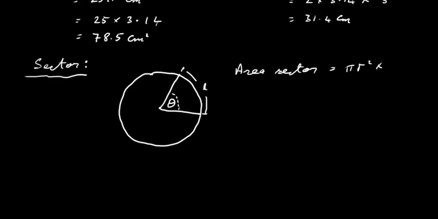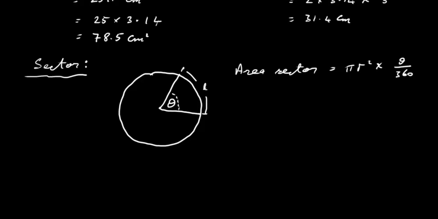Well, it's going to be theta over 360. Whatever angle this is, if it was 30 degrees, it would be 30 over 360. So we've got to take pi r squared, the area of the entire circle, and multiply it by some fraction, 30 degrees over 360 or 40 degrees over 360, depending on what this angle is. Okay, that's the area of a sector.